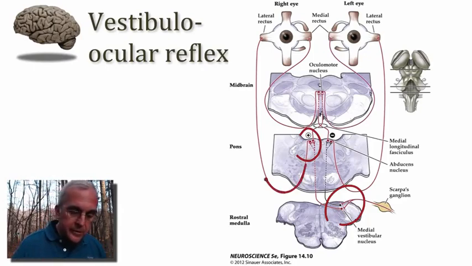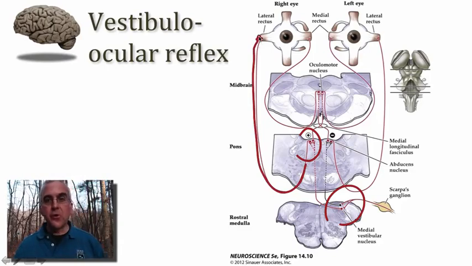That abducens nucleus then is going to innervate the lateral rectus muscle and cause it to contract, tugging that opposite eye, in this case the right eye, towards the lateral side of the visual field. Okay, so this is going to achieve that rightward eye movement.